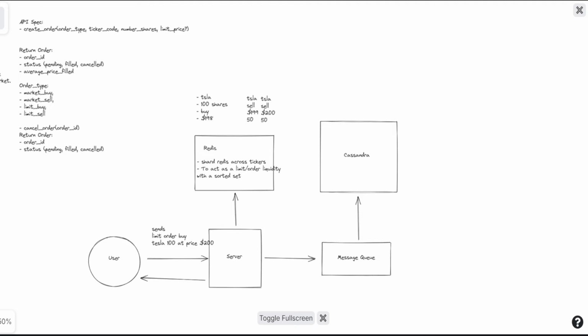Yeah, good question, good call out. If that is the case, my thinking is that if we use Redis, which is pretty fast, we should be able to fill it immediately if we can find it.